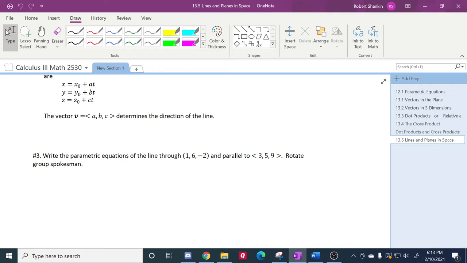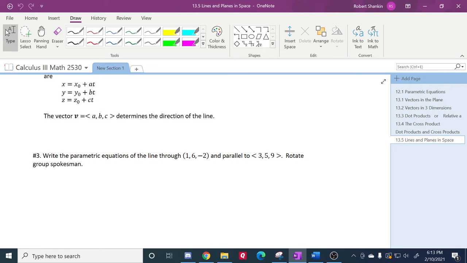We've had the same group spokesman for a little while, so let's rotate group spokesman. Hopefully there's no pressure on it because you can always just report out what answers you saw in your group chat. You don't have to necessarily defend your answer or anything like this. Of course, if your group decides to keep its spokesman and you have some other reason, just let me know and that's fine too. All right, let me give you a little time to do this.